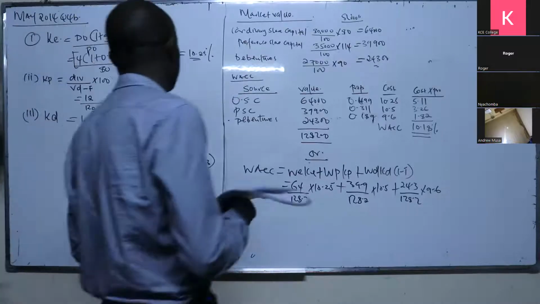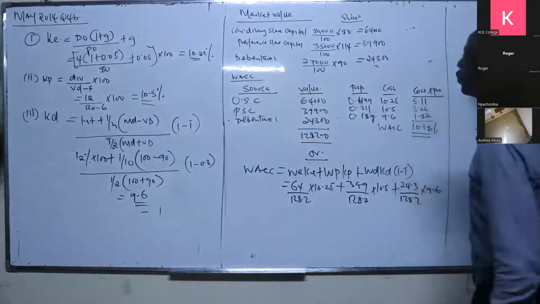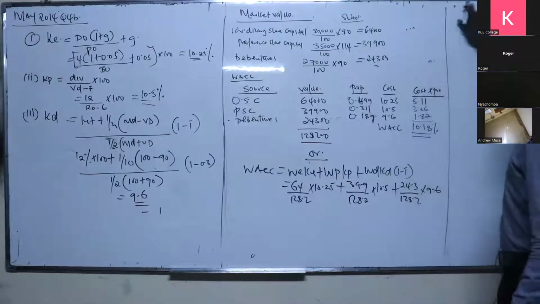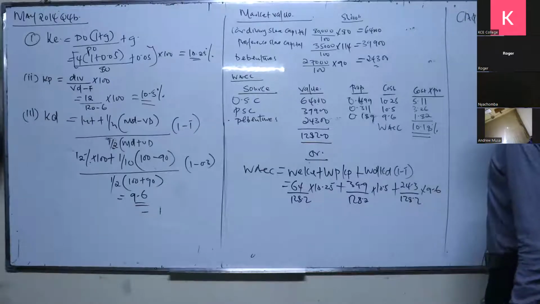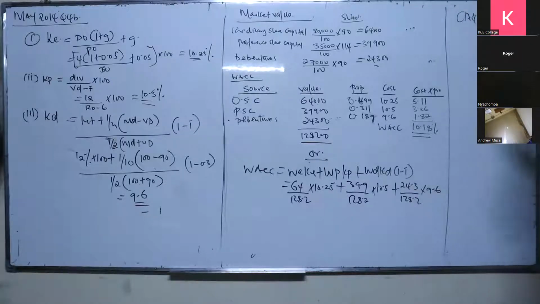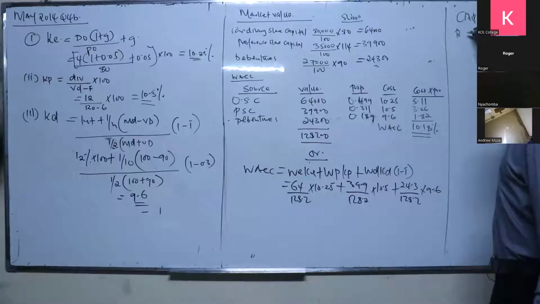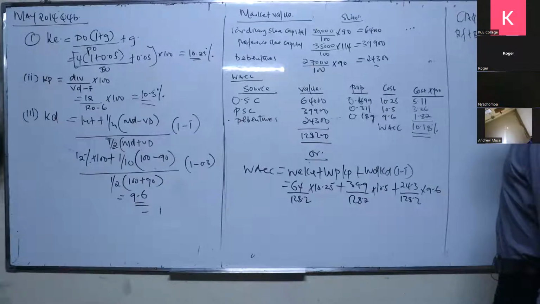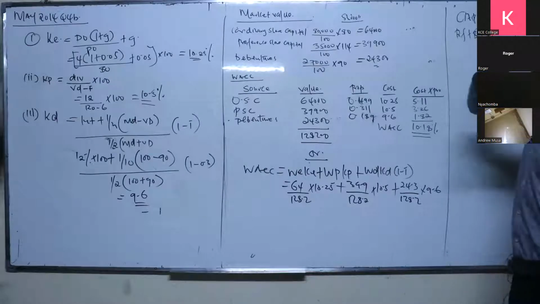Sometimes, if you're given this, you learn it in section 5. We can use what we call the capital asset pricing model to determine the cost of equity. We say CAPM, but you learn about it in detail in section 5. So the formula is RF plus beta times (RM minus RF).